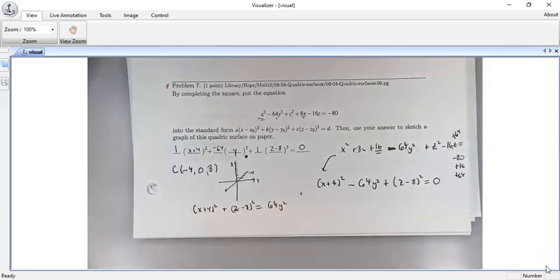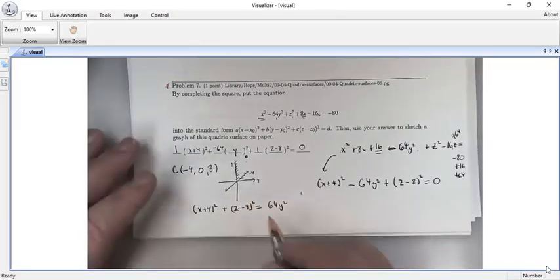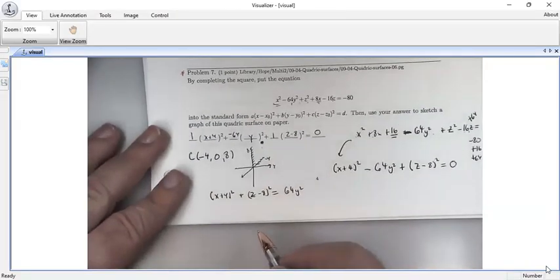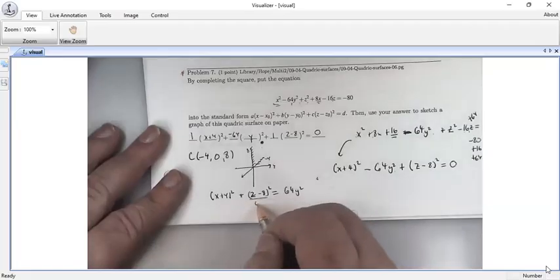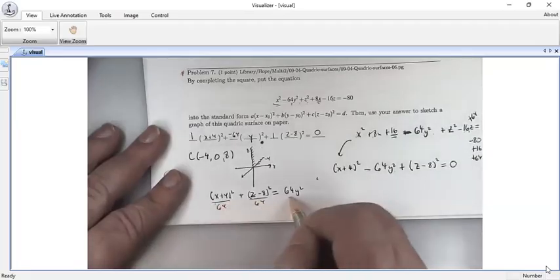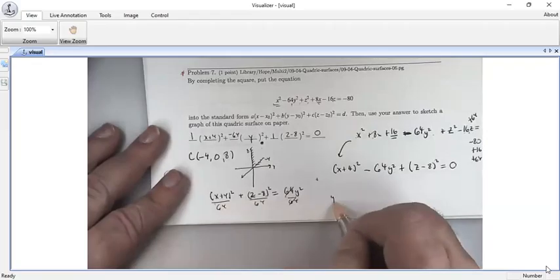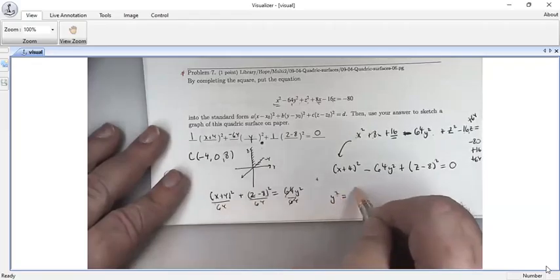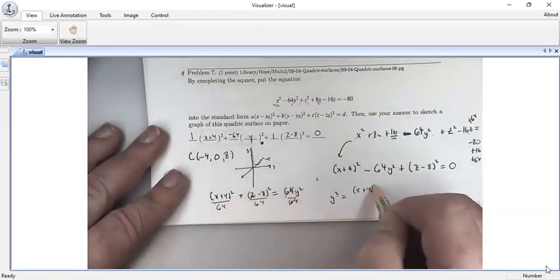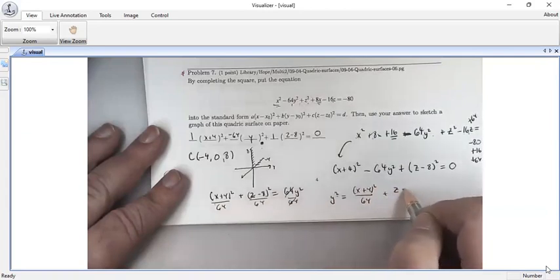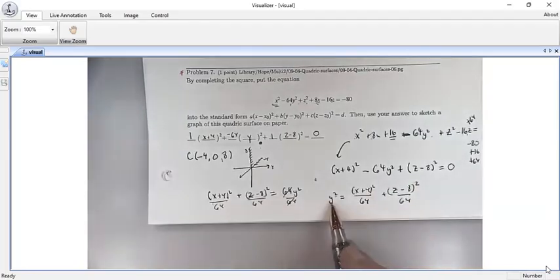You with me? And then you can divide by 64 if you want to. It may work out a little better for you. Divide by 64. I get y squared is equal to (x plus 4) squared over 64 plus (z minus 8) squared over 64. So I've got one variable squared equals the other variables squared.